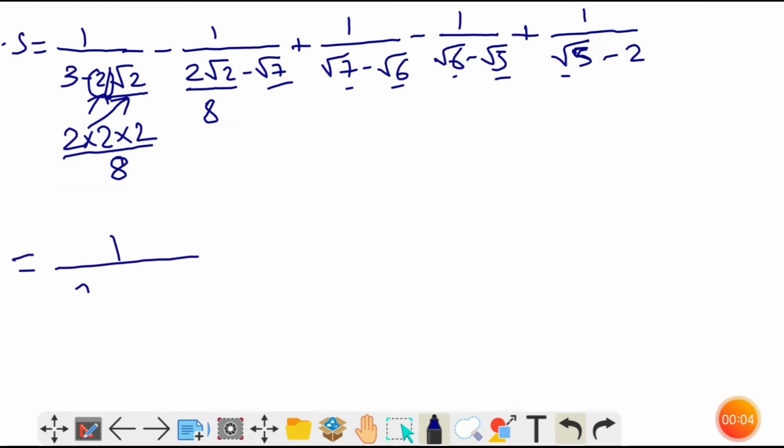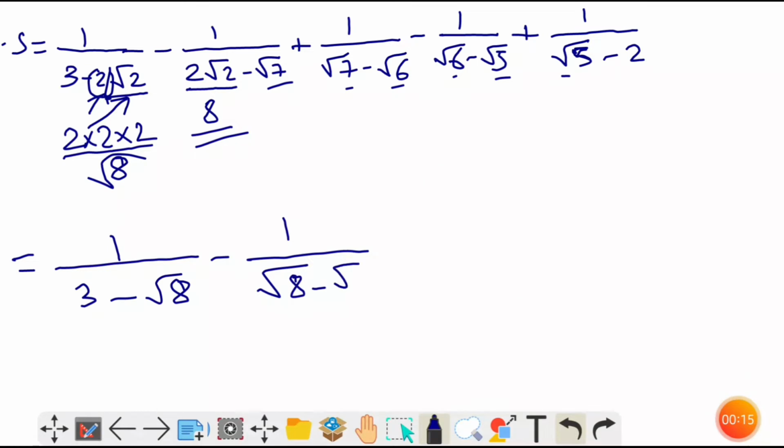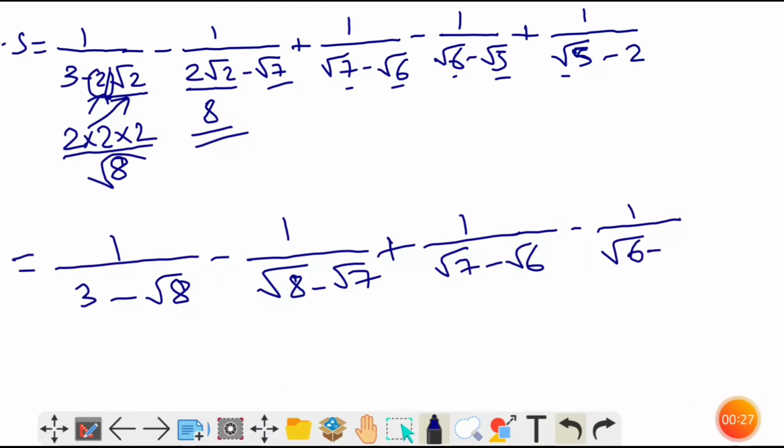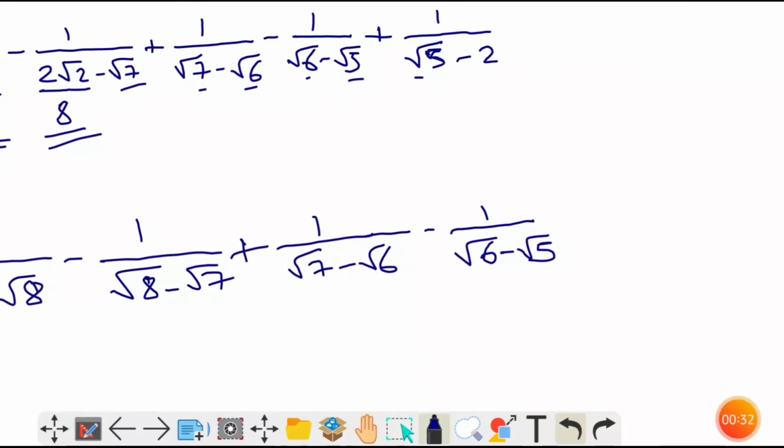Now we'll write 3 minus 2 into 2 is root 8, minus 1 by, again we'll have root 8 minus root 7, plus 1 by root 7 minus root 6, minus 1 by root 6 minus root 5, plus 1 by root 5 minus 2.